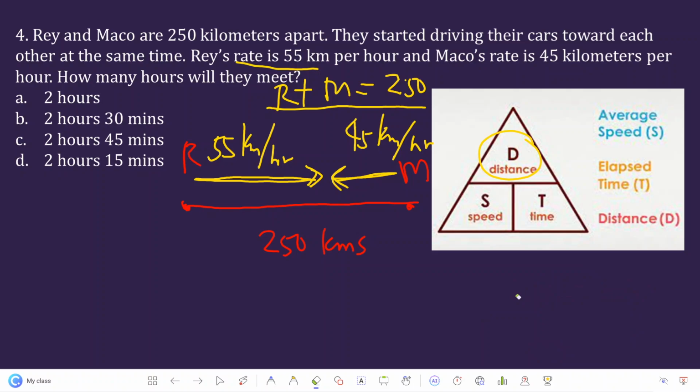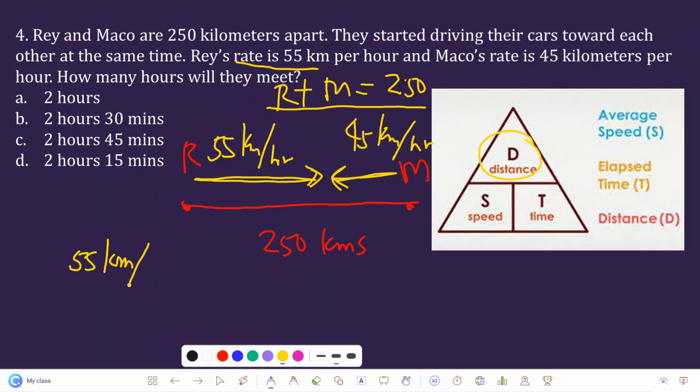So, dito, meron kang Ray. The speed niya is 55 km per hour. Paano ba natin makukuha ang distance?